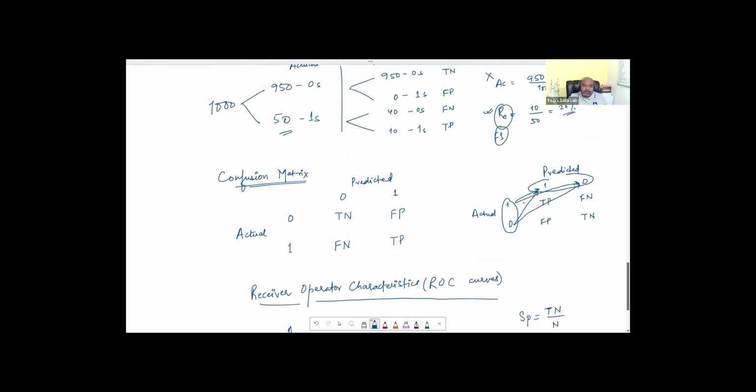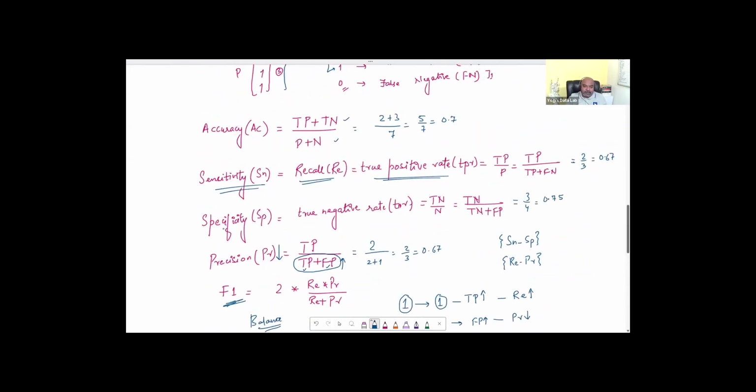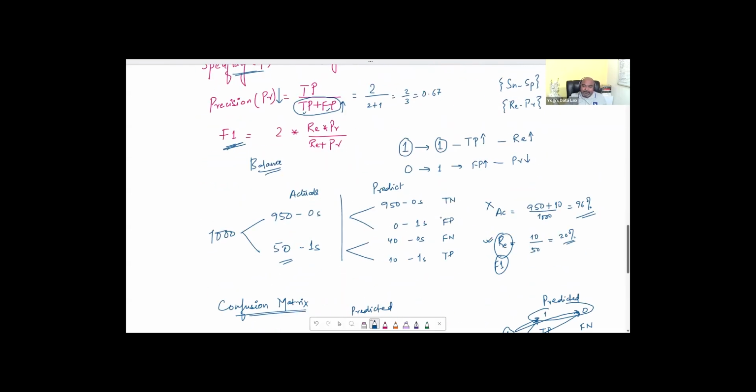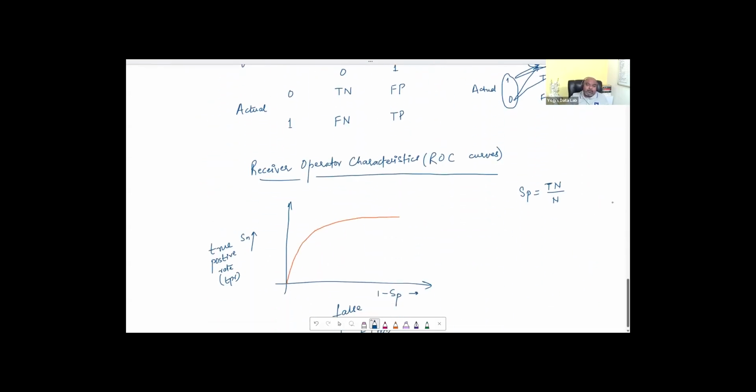When I do 1 minus Tn by n and expand n as Tn plus Fp, I get Tn plus Fp minus Tn divided by n.